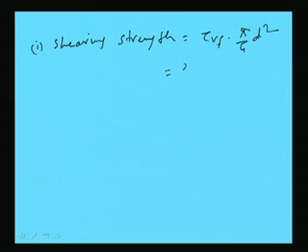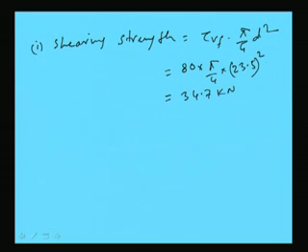So, this will be 80 into pi by 4 into 23.5 square. After calculating this we will get 34.7 kilonewton. Now, you have to divide by 1000 to make it kilonewton, because this is given in Newton.